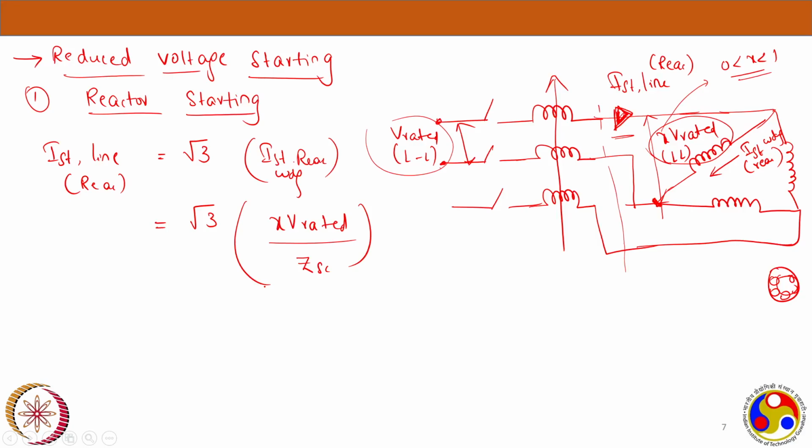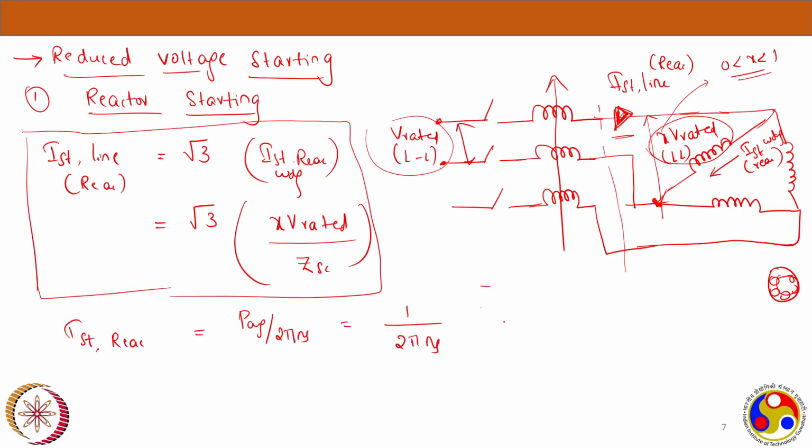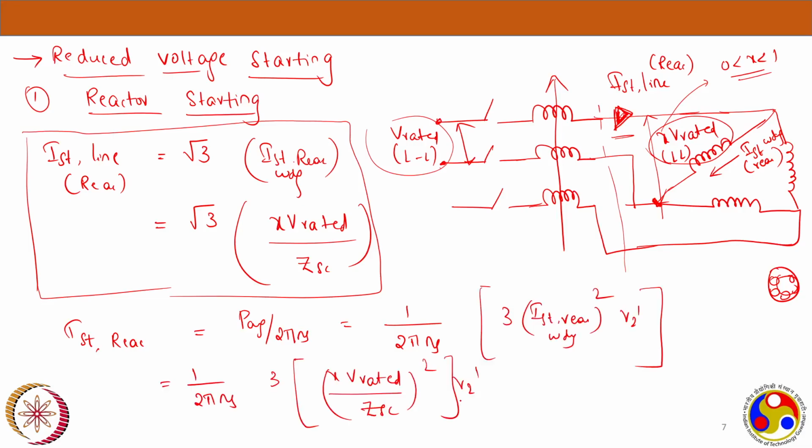This will be 1 by 2 pi Ns times 3 I square R, where 3 I_st reactor square is flowing through the winding, and your R2 dash by S will be 1. If you substitute, it is 1 by 2 pi Ns times 3 times X times V rated divided by Z_SC whole square multiplied by R2 dash. So this is the starting torque in your reactor.